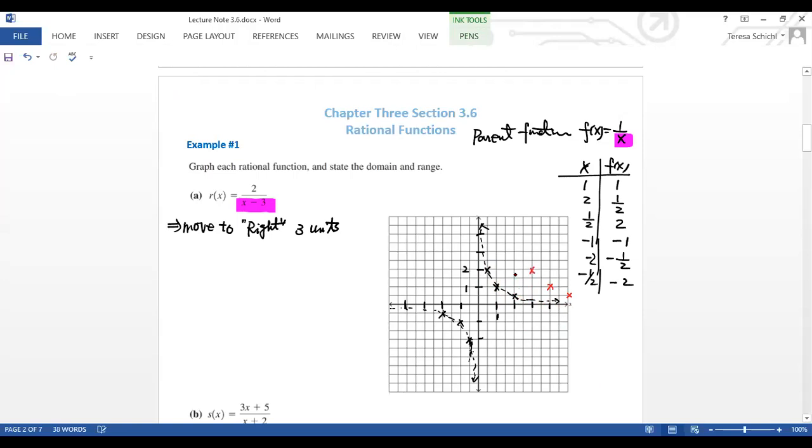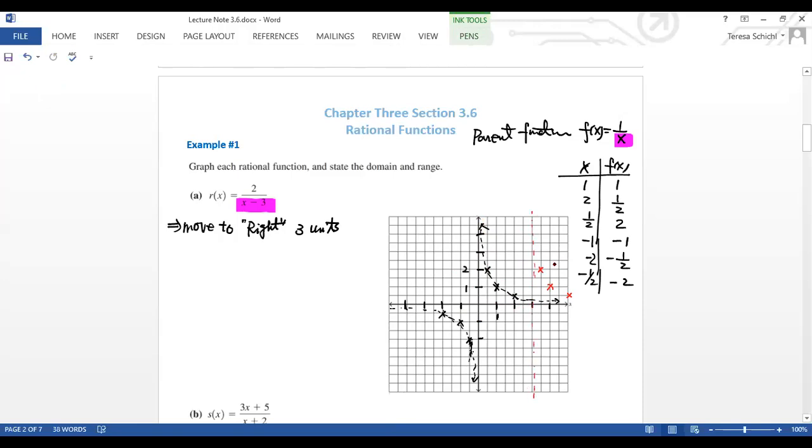Now, what used to be your asymptote, the y-axis, you need to move 3 units also. I need to be careful here. This one moves 1, 2, 3, in fact here. So the asymptote is moved also.